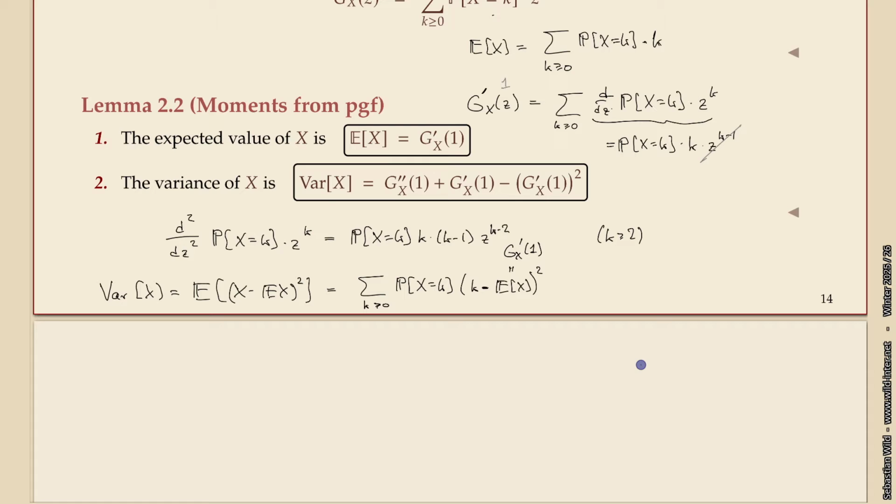And the easiest now is to move backwards. If we look at this term on the right, let's expand this one more step. Okay, I'm going to write it again. And we have k squared minus 2k E[X] plus E[X] squared.